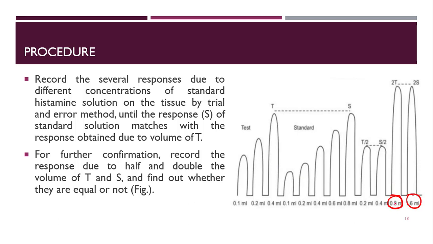Okay, so 0.8 ml of the test and 1.6 ml of the standard, and ideally both should match. So for further confirmation we have to record the response due to half and double the volume of the T and S and find out whether they are equal or not. Ideally they should match if the original T matches with the original S.